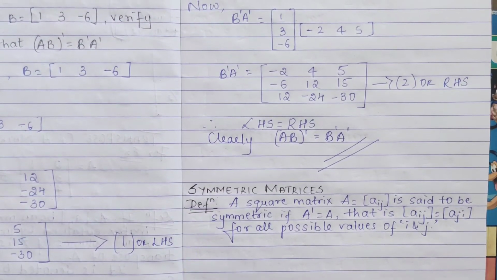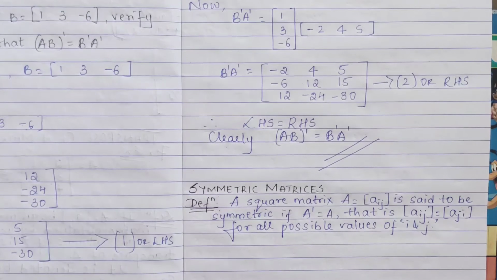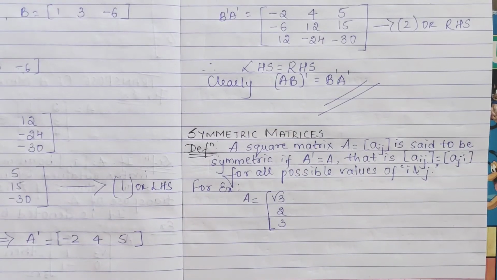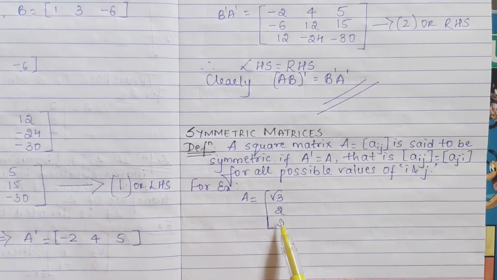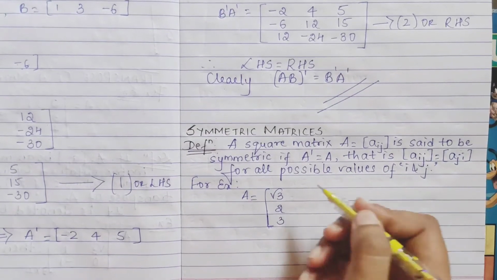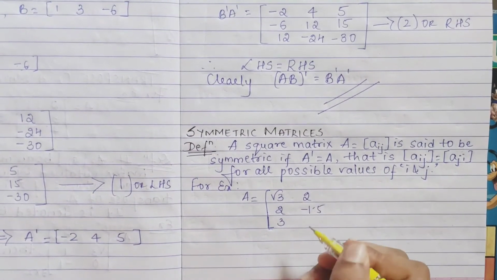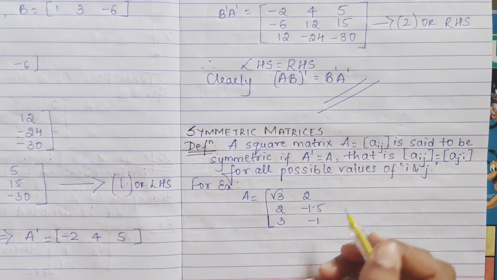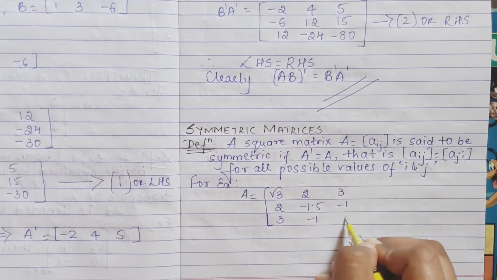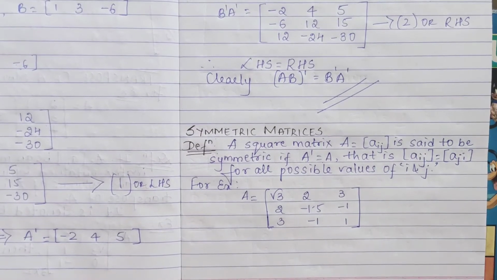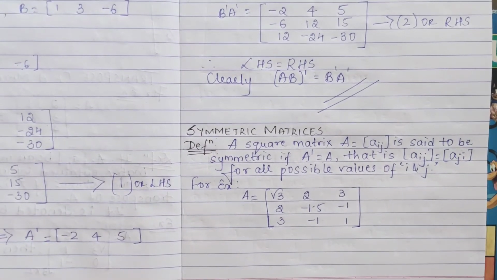For example, I'll take an example and show you. A is equal to first row √3, 2, 3, second row 2, -1.5, -1, third row 3, -1, 1. So this is your given matrix A.